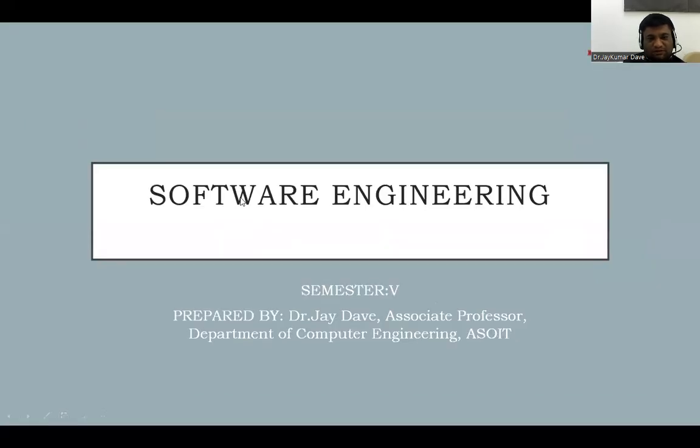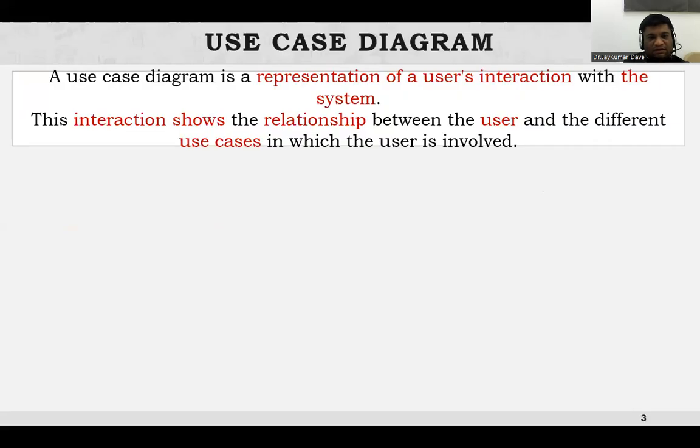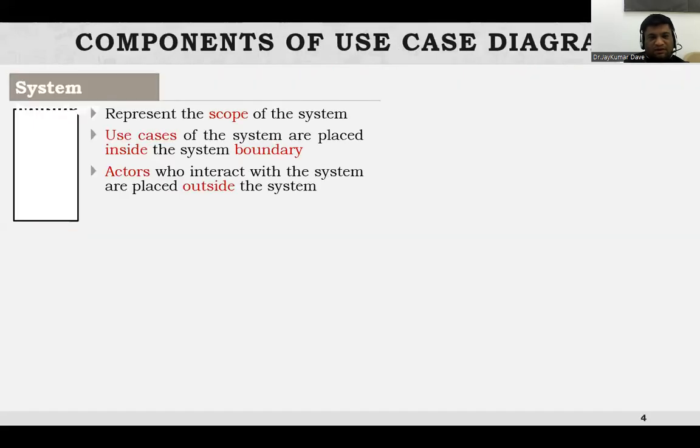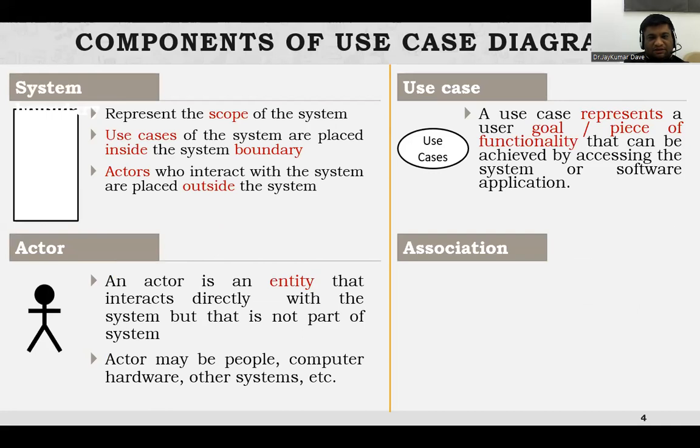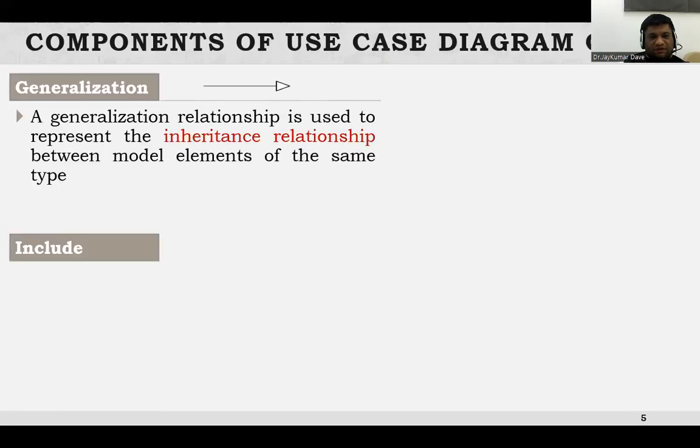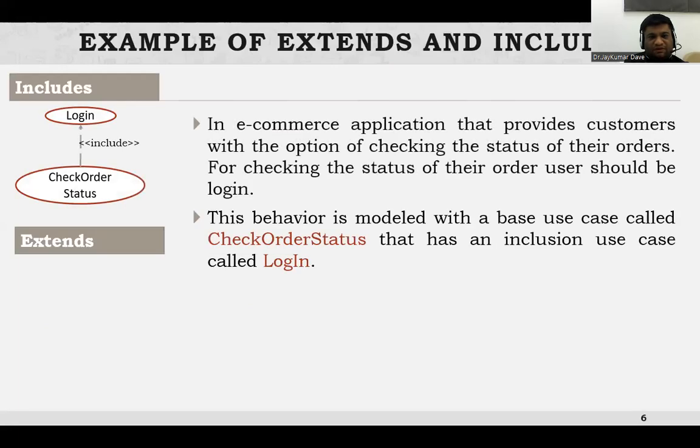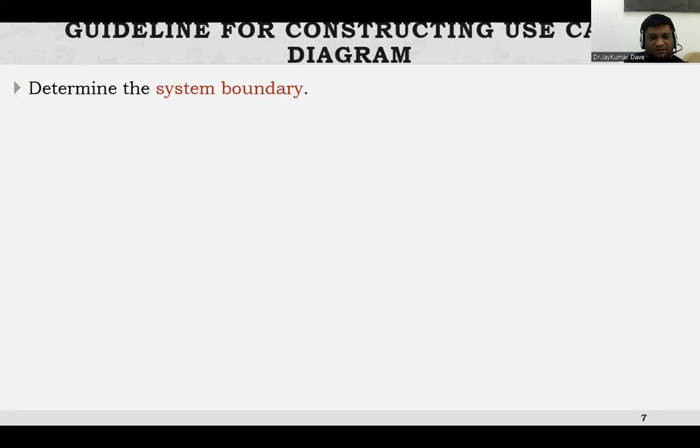Yes, as you can see on the slide, the subject is software engineering, as we have discussed, and the topic is design modeling. These slides we have already gone through in the previous interaction. Today, we are going to move further and take an example of LMS.